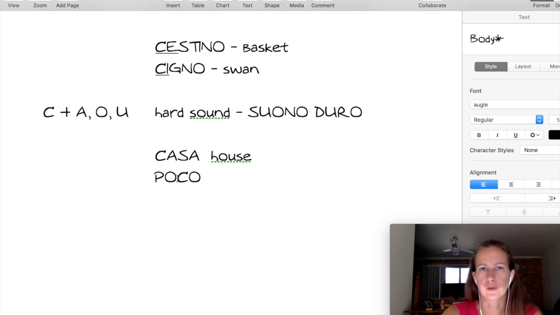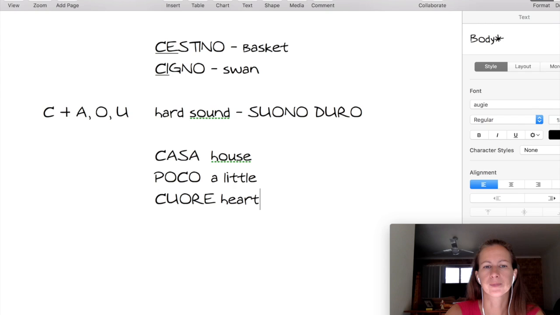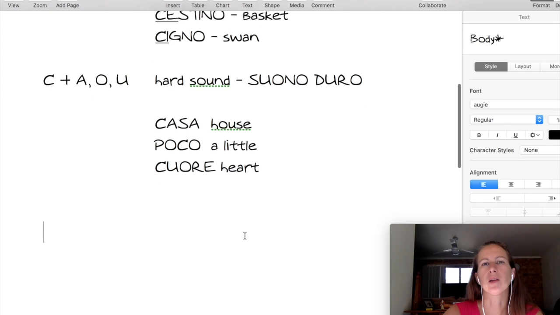When the letter C is followed by O, we have Co, as in poco. Poco means a little. When the letter C is followed by U, we have the sound Cu, as in cuore. Cuore is heart.